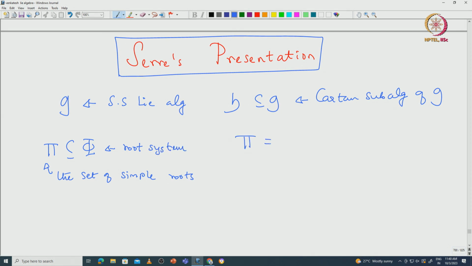You denote the elements of pi to be alpha 1 up to alpha l, where l is the rank of the Lie algebra, which is also the dimension of the Cartan subalgebra.